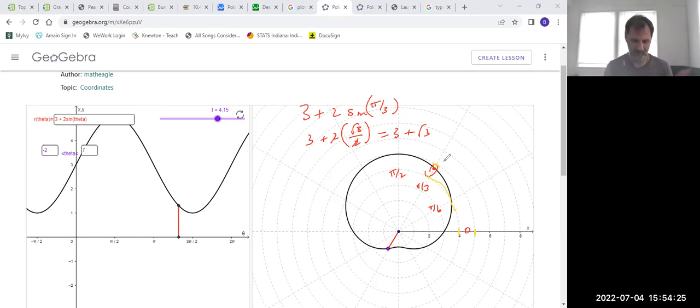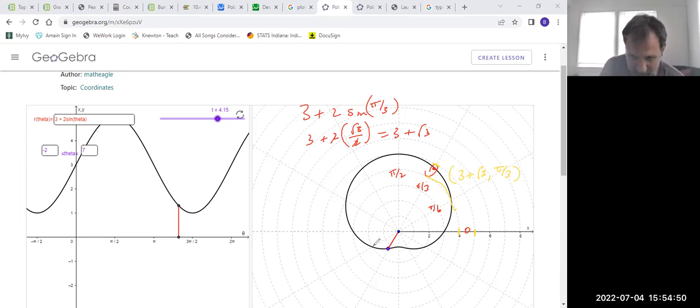So what's 3 plus the square root of 3? Yeah, it's 4.73. That makes sense for where I'm located, right? So you would be able to locate this point as (3 plus the square root of 3, pi/3). That's the polar coordinate of that point.